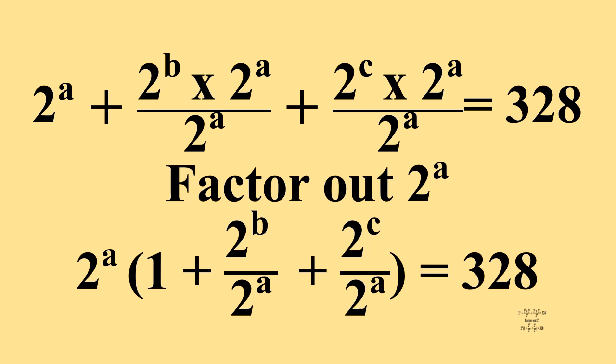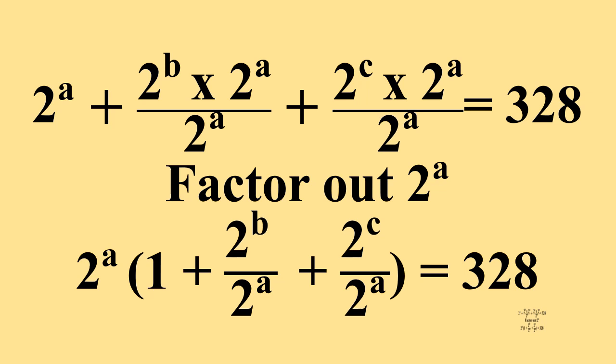So we now have 2^a plus 2^b times 2^a, all divided by 2^a, plus 2^c times 2^a, all divided by 2^a, equals 328.